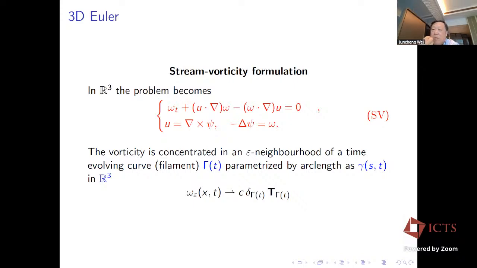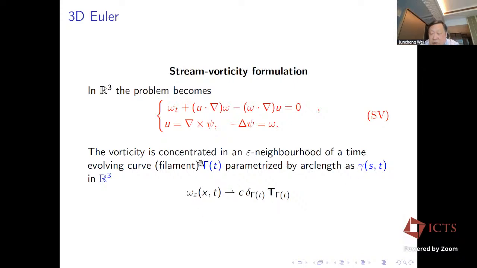What is the problem we want to consider for 3D Euler? We want to construct a solution so that the vorticity is concentrated not on points, because the vorticity now is a vector. So the vorticity is concentrated on some curve, in an epsilon neighborhood of a curve. This is called a vortex filament, parameterized by gamma.